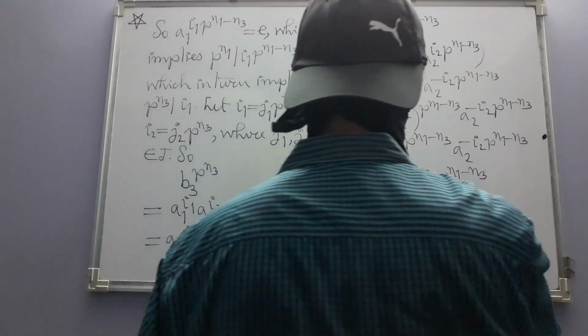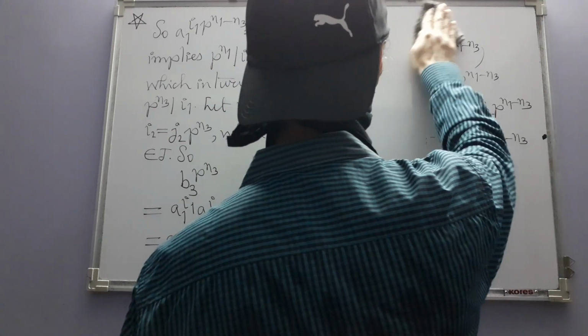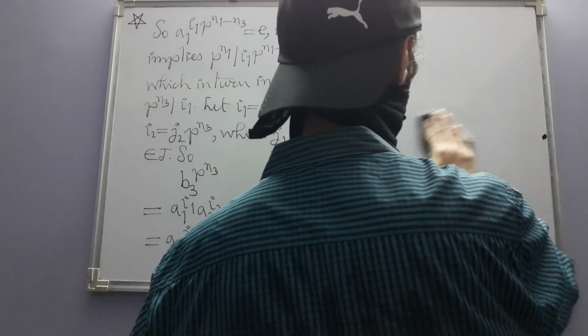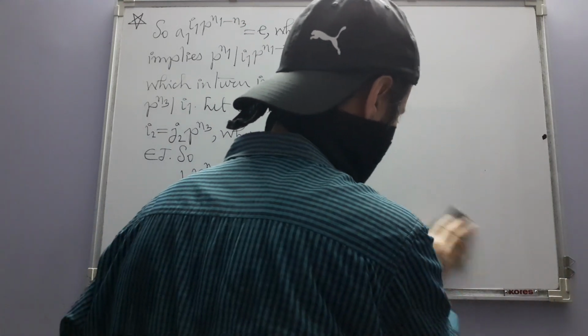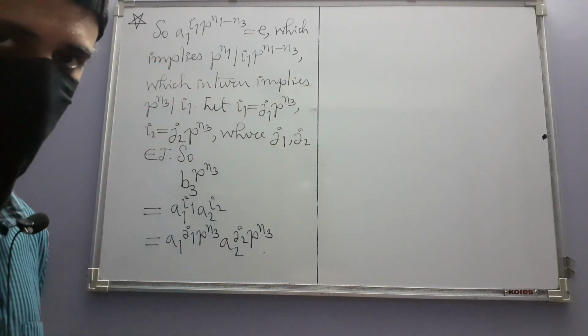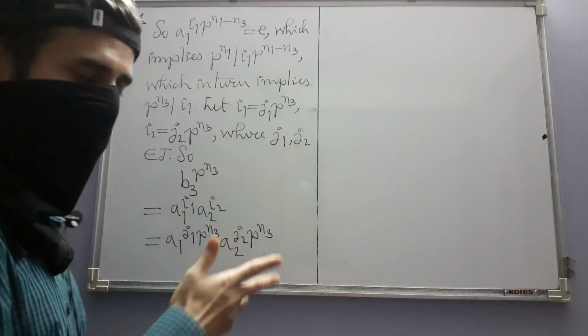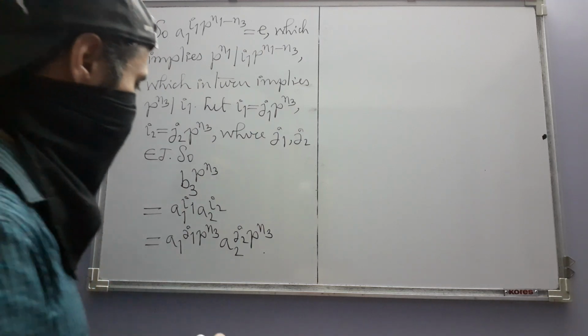And now is the time finally for us to choose A3. You remember, after doing some calculations in the previous step, only we were able to choose the element A2. But now we are able to choose A3, which will give us another cyclic group.